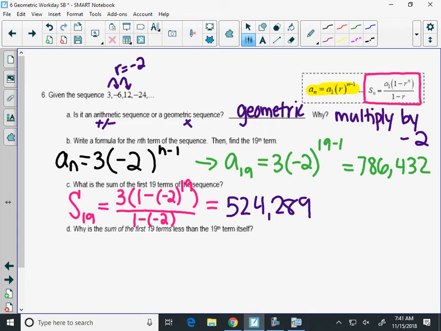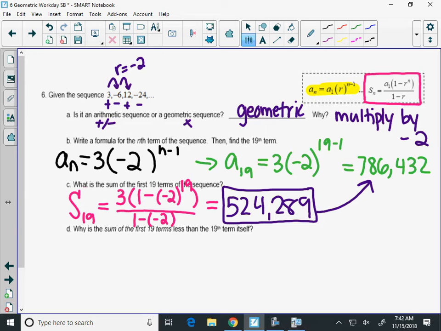But then it says, what do you notice here? You notice that the sum that we just found is smaller than the 19th term. Why do you think that is? Well, what do we notice about this sequence? It goes positive, negative, positive, negative.